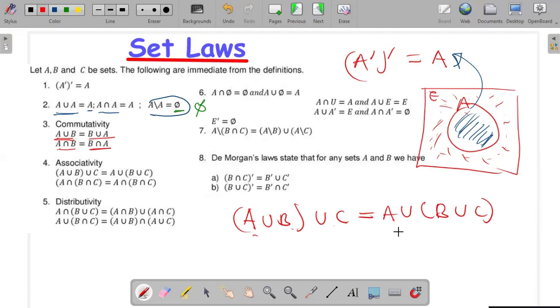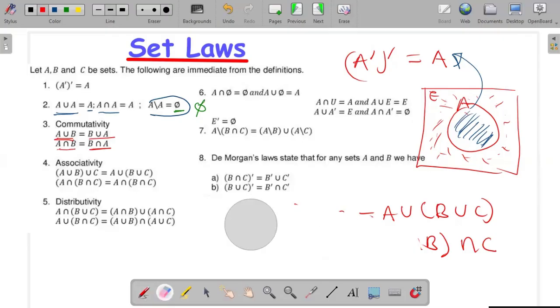So that's associativity. Then when it is intersection, it's the same thing: A intersect, then B intersect C, like this. Then I could do the first two also, A intersect B, like this, then intersect C. This is the associative law.